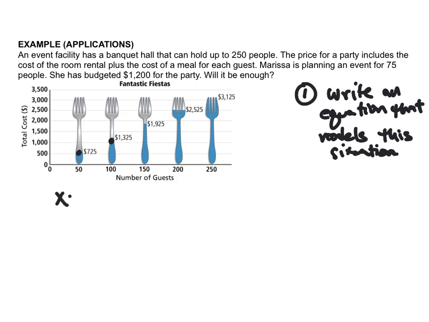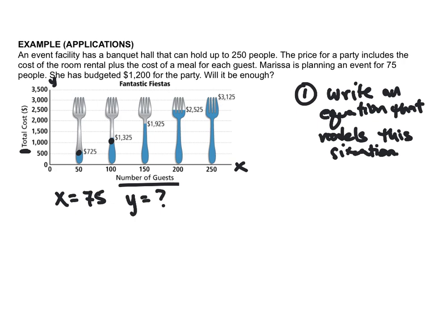So when x equals 75, because remember x is the number of guests, what is the total cost, y? When x equals 75, y is equal to what? If I write an equation, I can answer this question, and then analyze whether it is more than $1,200.